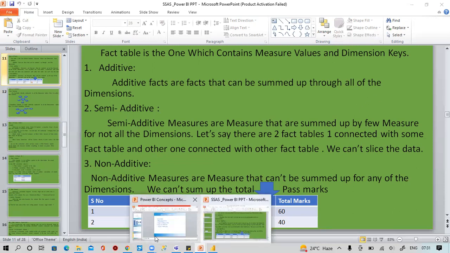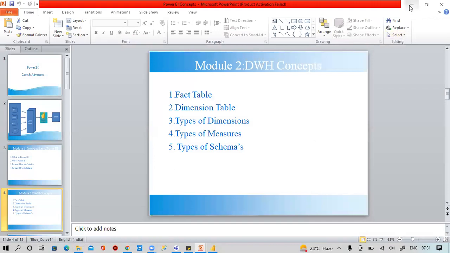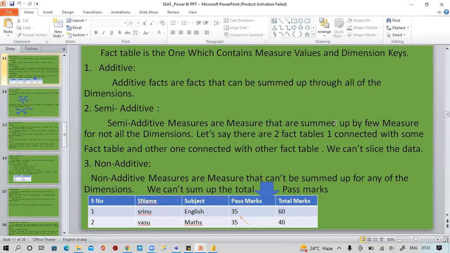Do you have any doubt on the types of measures? If you don't have any doubt, just remember the points. If sometimes you get a doubt, just post it in the WhatsApp or note it down in your book or notepad.